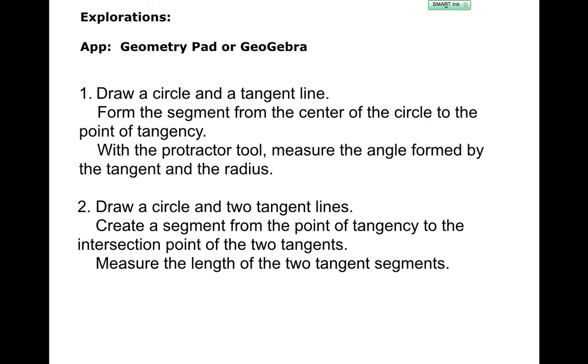Okay, are you getting two tangents on the same circle? I think you have to put a second point on the circle so that you can make the second tangent. Under the pointer A part.